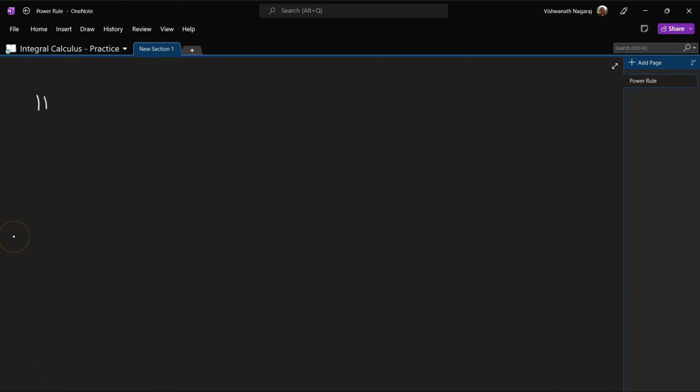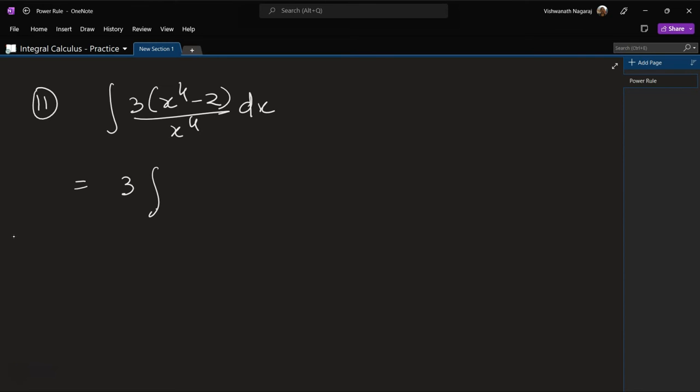Okay, 11th one. Integral of 3 times x to the power of 4 minus 2 by x to the power of 4 dx. Which gives us, we can take 3 out. Now x to the power of 4 minus 4 minus 2 times x to the power of minus 4.